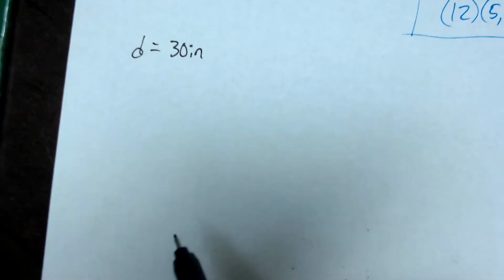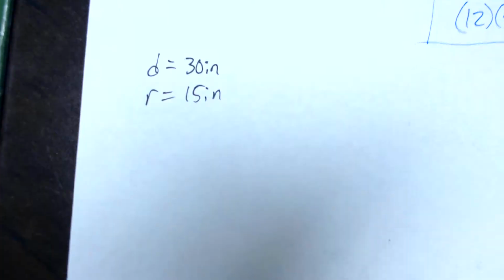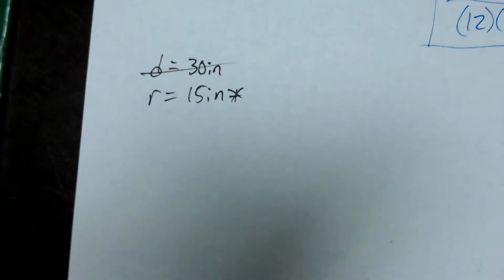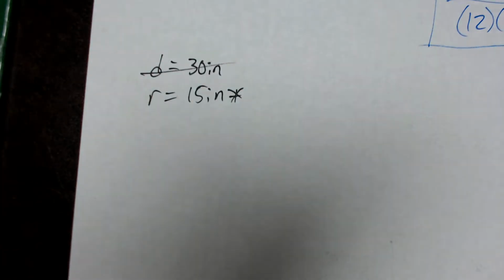So let's go back to writing down our information. They say the diameter of the wheels is 30 inches, so we have to find the radius. The radius would be 15 inches, which is just the diameter divided by 2. I don't care about the diameter; I do care about the radius, because the equation I'm using again is linear velocity equals radius times omega.